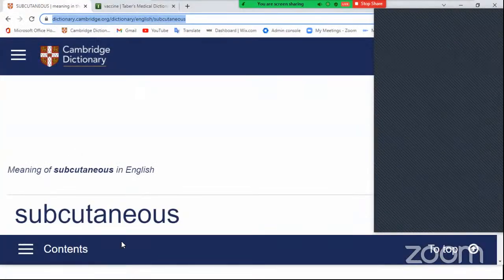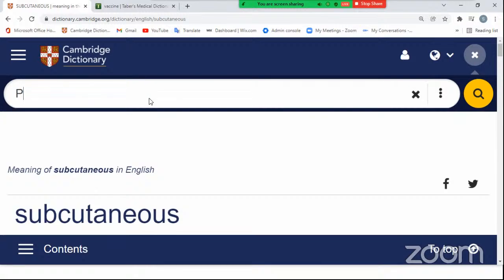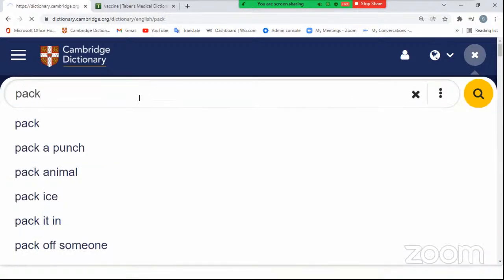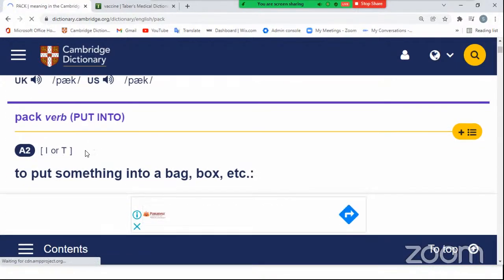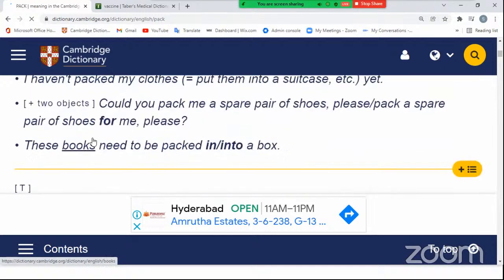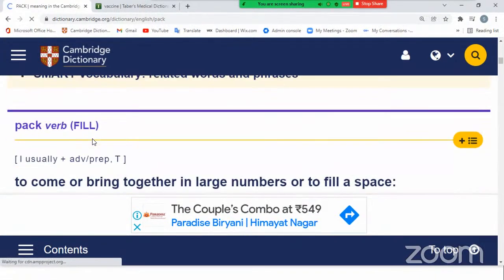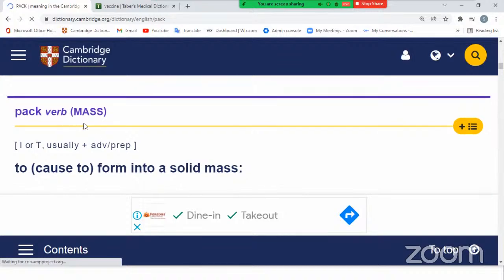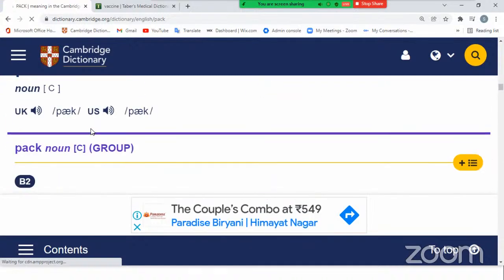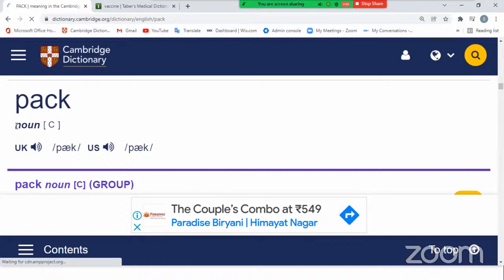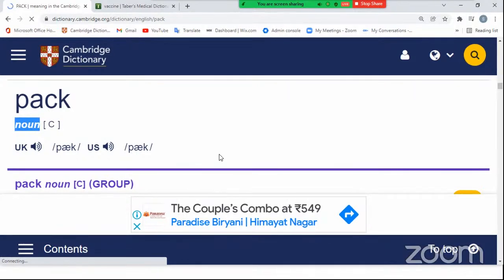Nobody wants your guess; they are testing something else, reading between the lines. Now, pack can be a transitive or intransitive verb, but this is not a verb, this is a noun. We want the noun. Here it is a noun, and it is countable. Countable means you can count: one pack, two packs, three packs, four packs, five packs.